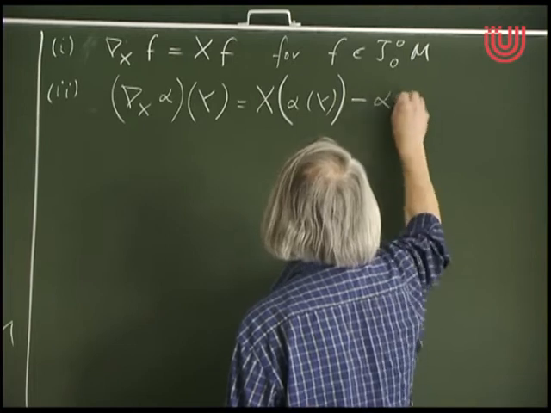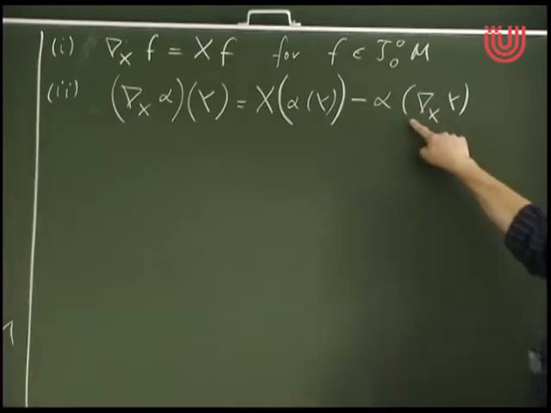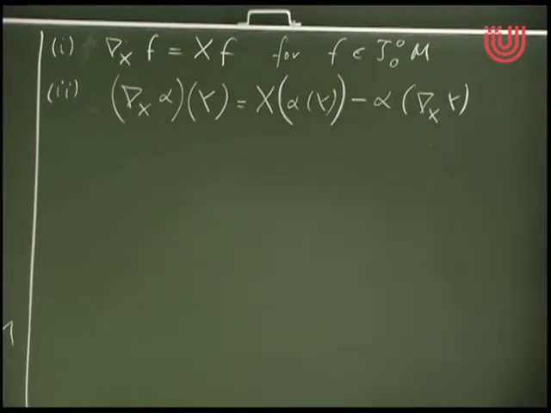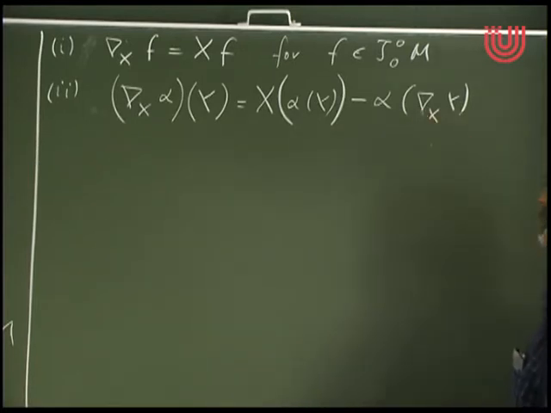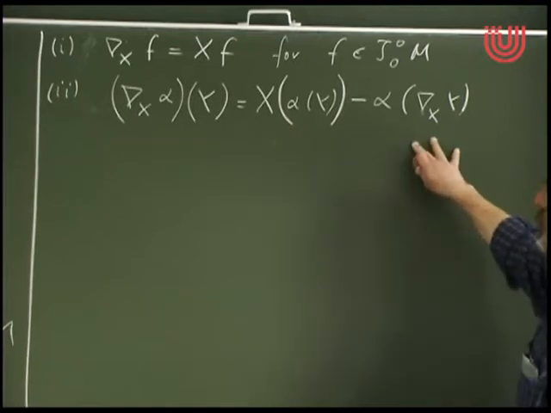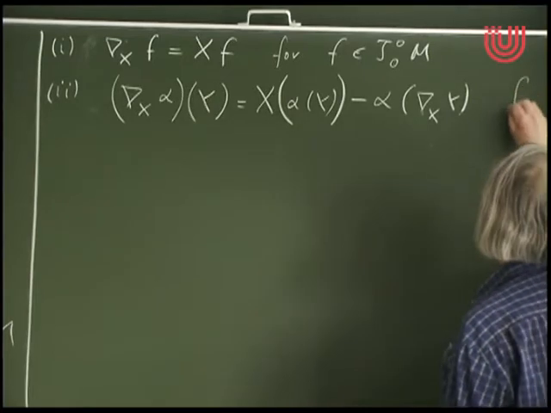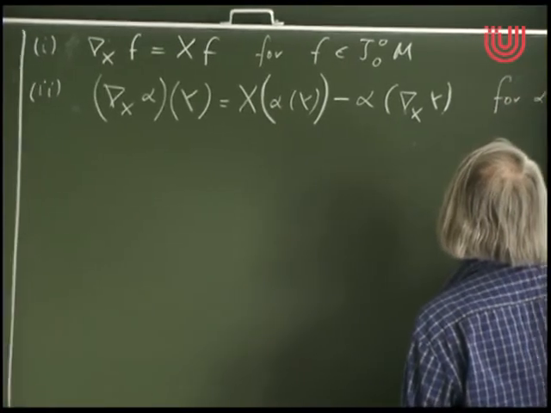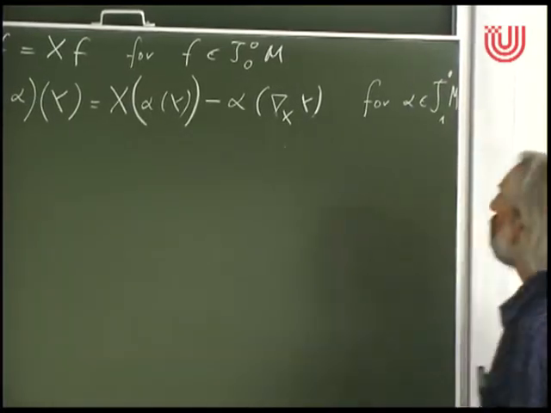So I have a sort of product rule: minus alpha(del_X Y). And this is again defined because the covariant derivative was explained in these terms. It was explained in terms of acting on vector fields. So this expression is well defined, this expression is well defined, so I know now what it does with a covector field. So this is for alpha in T^0_1(M).